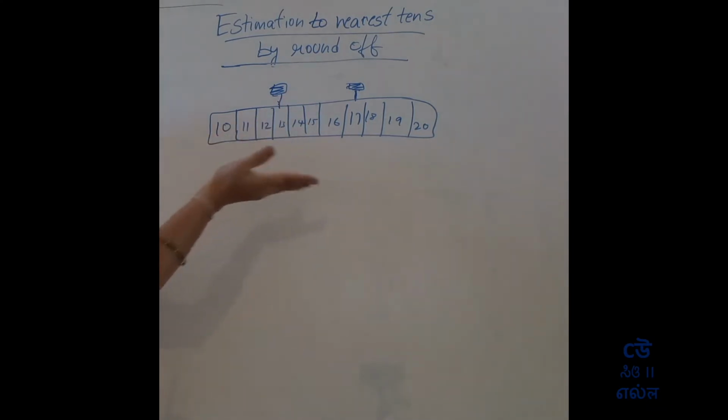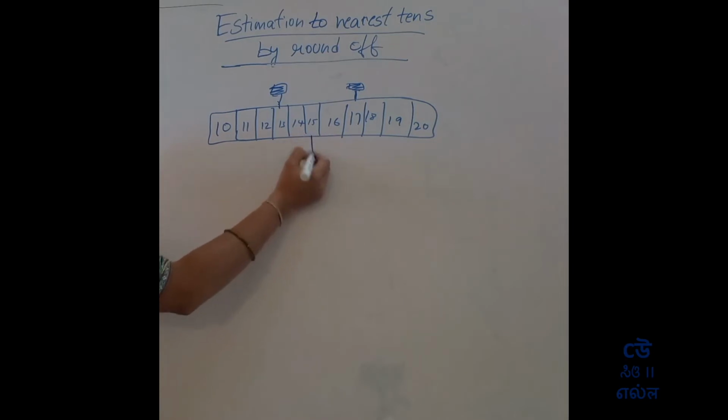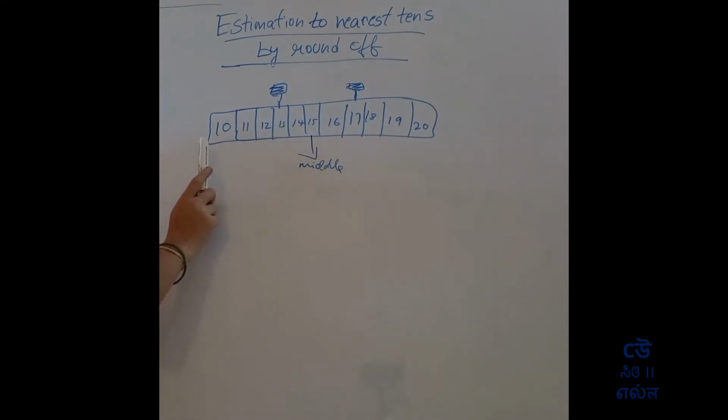If it is above 5, you round off to the bigger number. Okay, so here it is the middle. So we have considered the example of 13. So 13 is nearest to the beginning number or the end number.